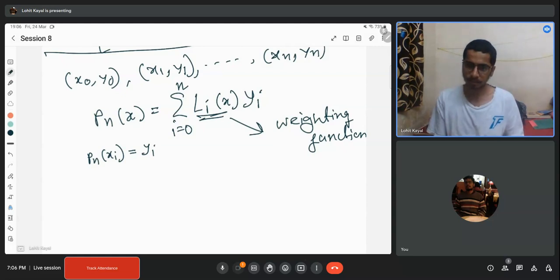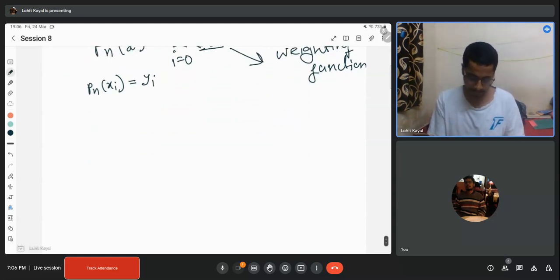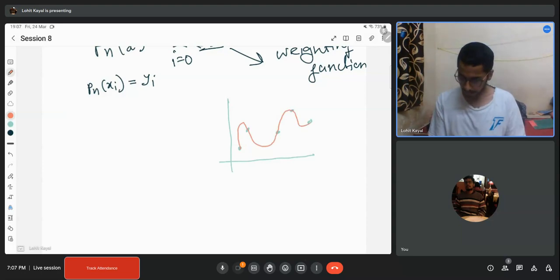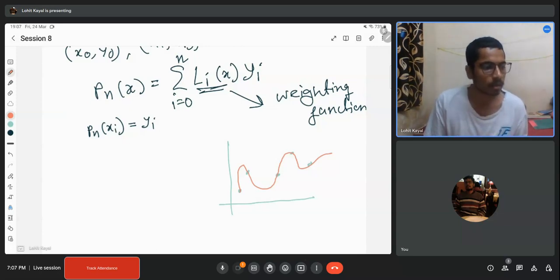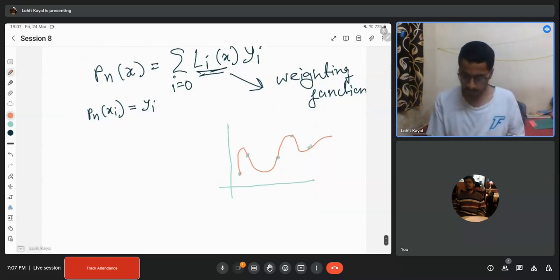This is some wild guess. I have some data points like this. My polynomial can be anything, but at this xi, the value of the polynomial should be equal to yi. This is my only criterion.